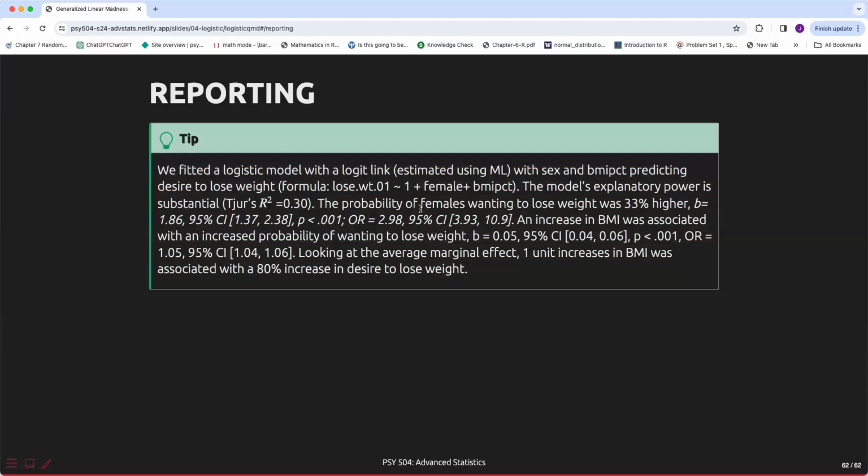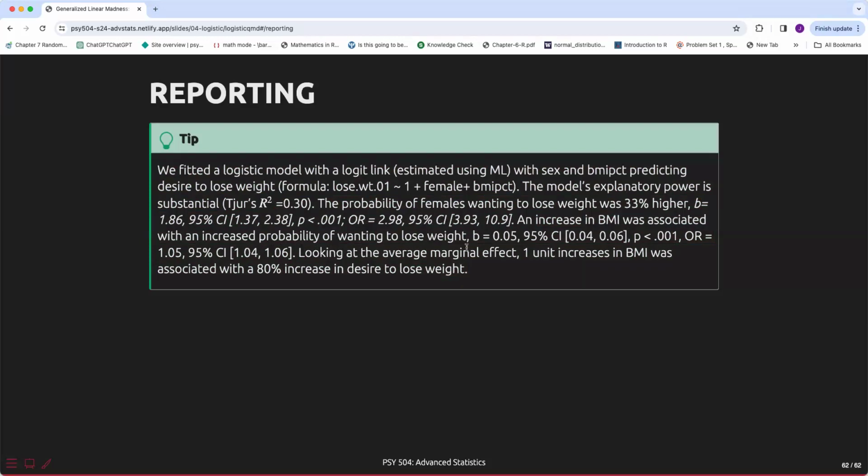So my suggestion is that in the actual body of the text, we talk about probabilities, right? And then we supplement that with our statistics like log odds and odds ratios. I just think that probabilities make a little bit more sense than log odds and odds ratios. I then say that an increase in BMI was associated with an increased probability of wanting to lose weight. So we have our log odds and our odds ratios along with our 95% confidence intervals.